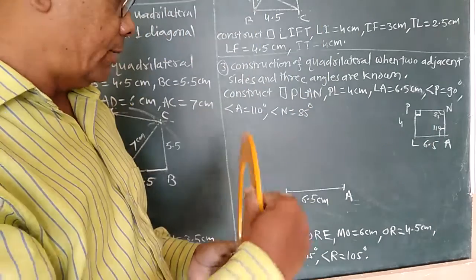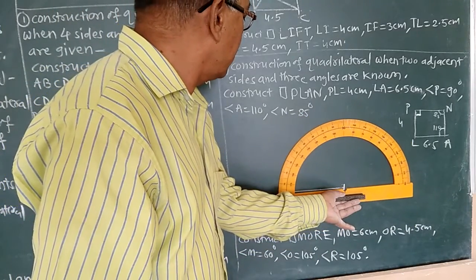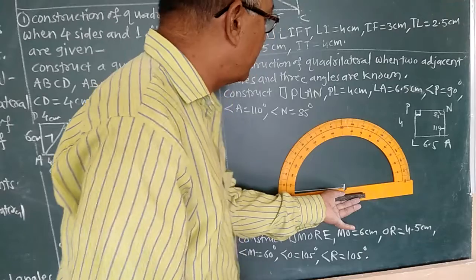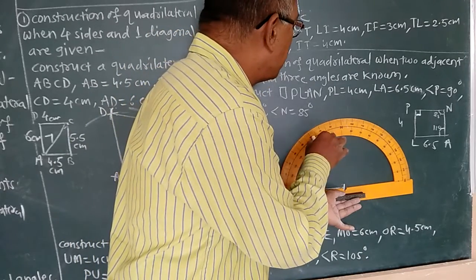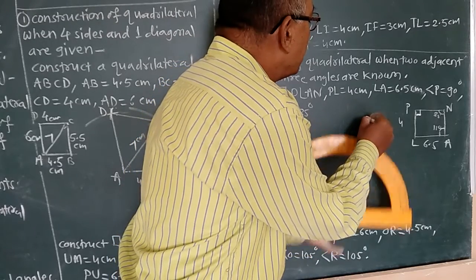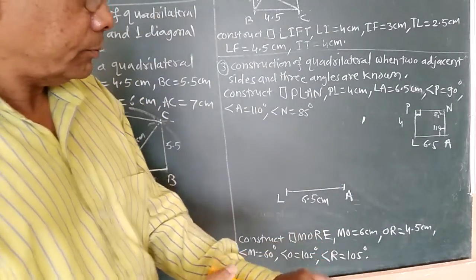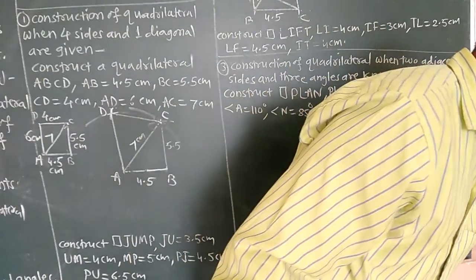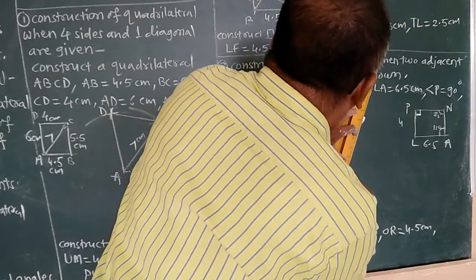So I will put the protractor on point A and take the angle of 110 degree. So 0, 10, 20, 30, 40, 50, 60, 70, 80, 90, 110. So here I will mark here. And now we have to join this mark to the point A.